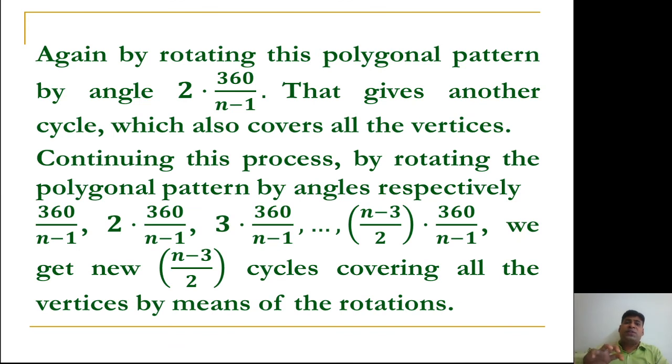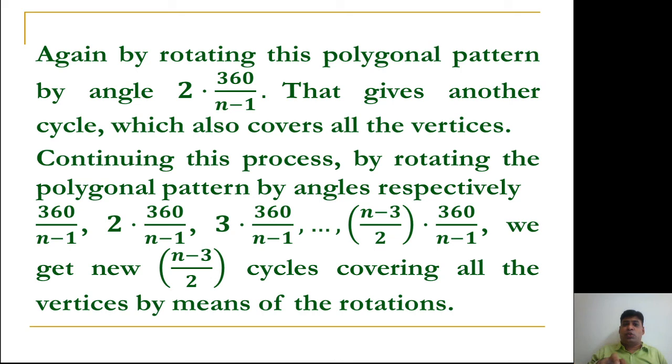Consider one more rotation. This is the first original polygonal pattern. This is one rotation, 360 by (n minus 1). Another rotation, another angle of 360 by (n minus 1). So the total angle is 2 times 360 by (n minus 1). So the second polygonal pattern is obtained by rotating the original polygonal pattern by 2 times 360 by (n minus 1) degrees. Right? One rotation, another rotation.